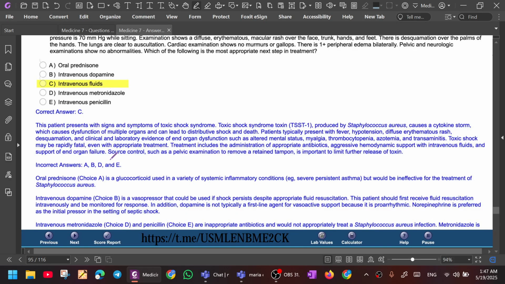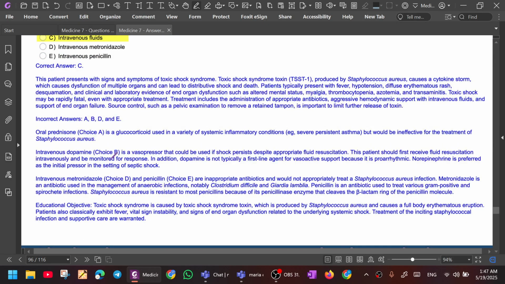Can you read D and E? IV metronidazole and penicillin are inappropriate antibiotics and would not appropriately treat a Staph aureus infection. Metronidazole is an antibiotic used in the management of anaerobic infections, namely Clostridium difficile and Giardia lamblia.